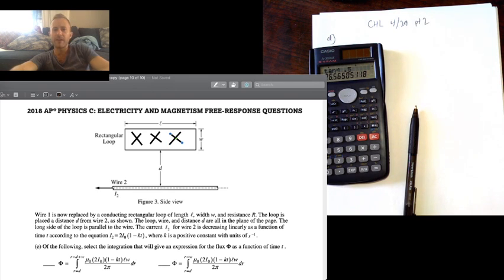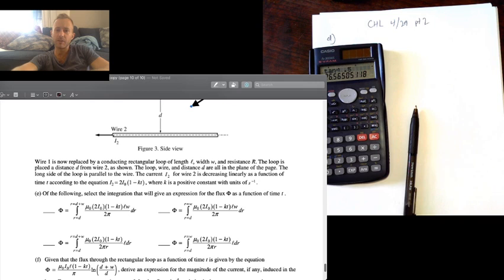The fact that it's getting smaller means that a current is going to be induced, which is going to be in this sense. Select the integration that will give the correct flux as a function of time.